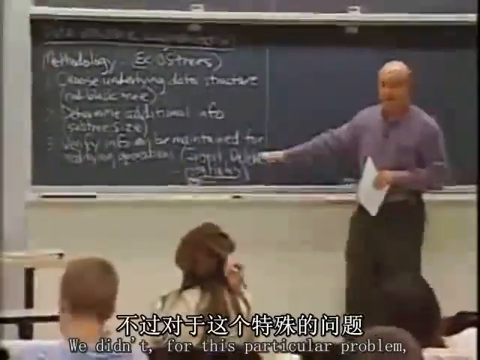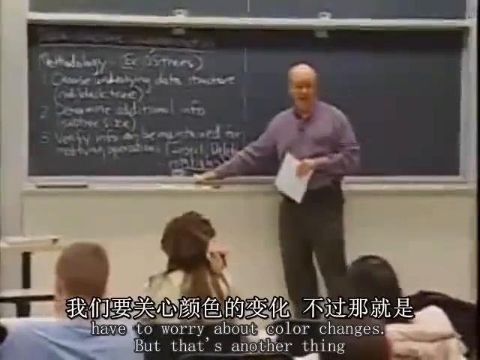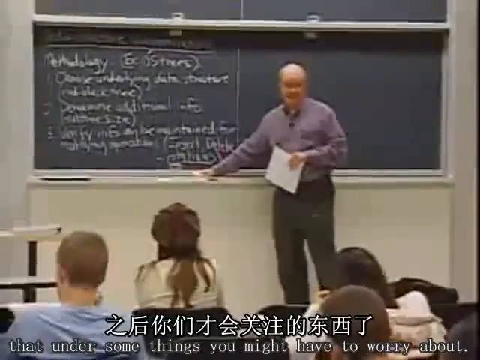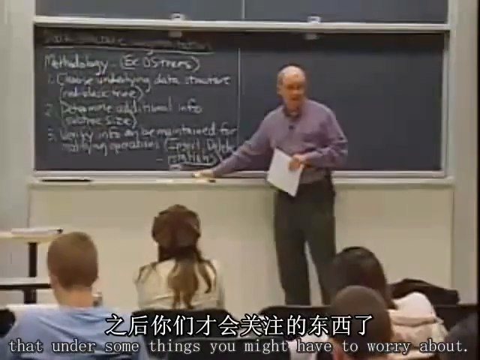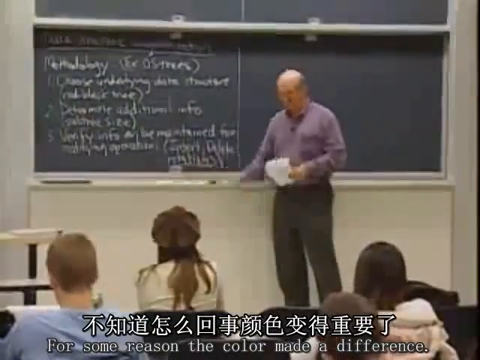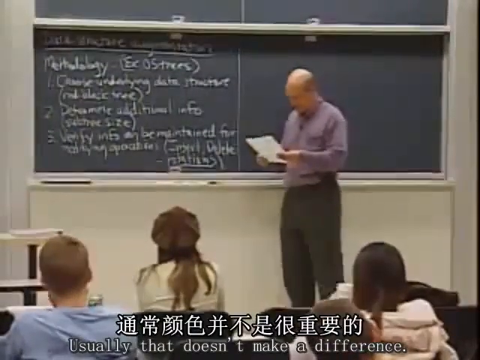We didn't, for this particular problem, have to worry about color changes, but that's another thing that under some things, okay, you might have to worry about. Okay, for some reason, the color made a difference. Usually that doesn't make a difference.